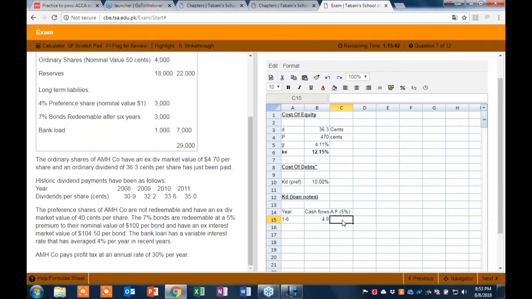I hope you have the annuity table with you. 5.076. Okay. So let's calculate the present value at 5%.